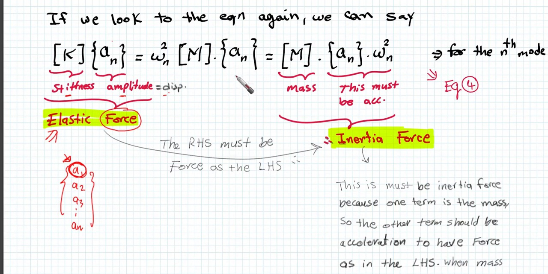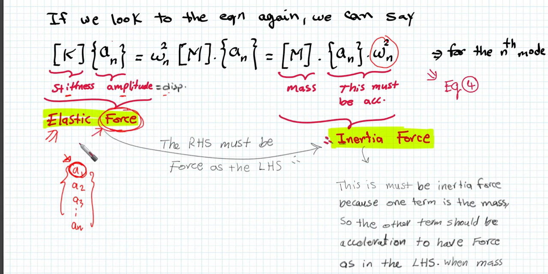We're going to arrange it in a slightly different way to help us understand. Let's put the M matrix at the beginning, so it is the mass matrix, and then the amplitude after that, and the omega n squared at the end. Okay. If we both agree that the left hand side is elastic force, remember, it is elastic force.